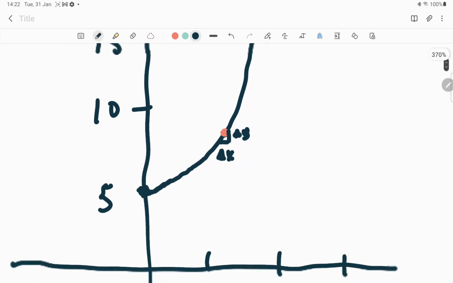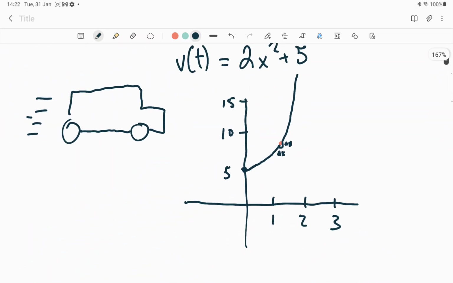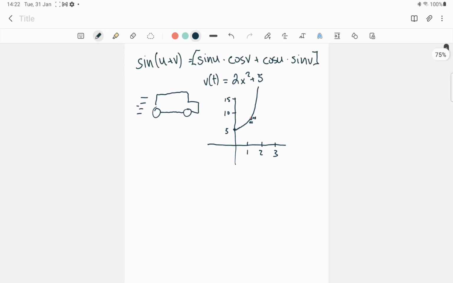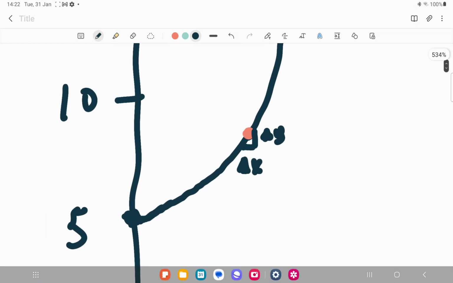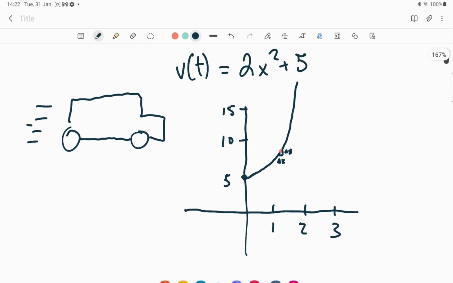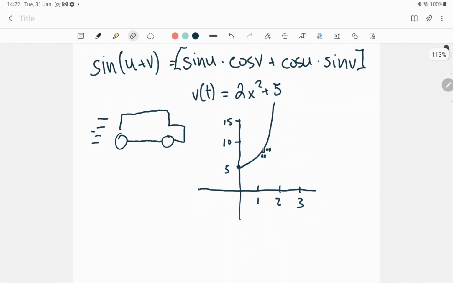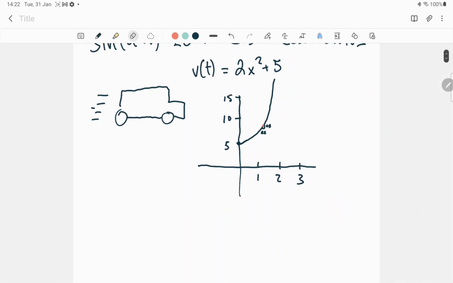So this idea is that we take this ratio here, as small as possible. So it's not exactly 0, but it's really, really close. So by taking the derivative of our speed function, we get the acceleration of the car. How fast is it moving at any given point?